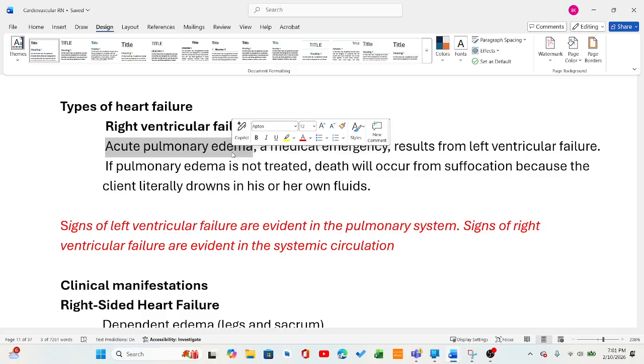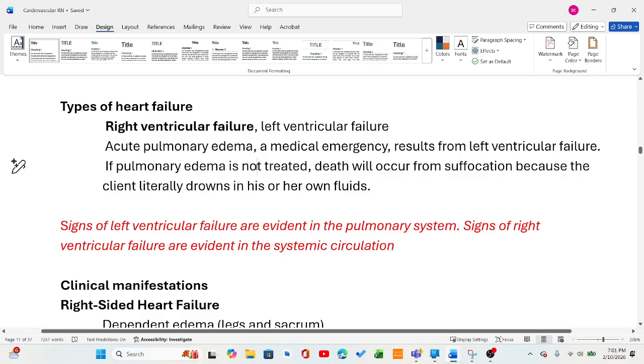Think about the kidneys, they will be inflamed. Think about the liver. The liver will be inflamed because all these organs have to bring the blood to the right side of the heart. But here's the case, the right side of the heart fails. So wherever this blood or fluid is coming from, it will not have any place to go. And therefore, what happens is that you have edema.